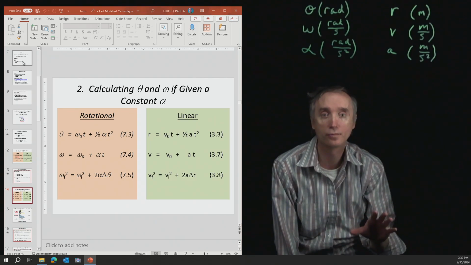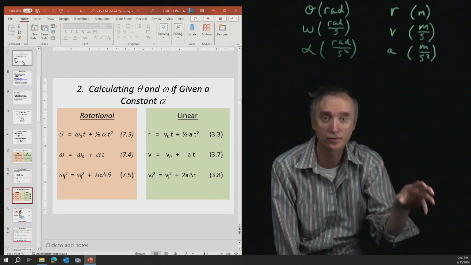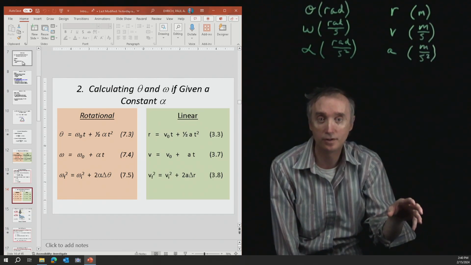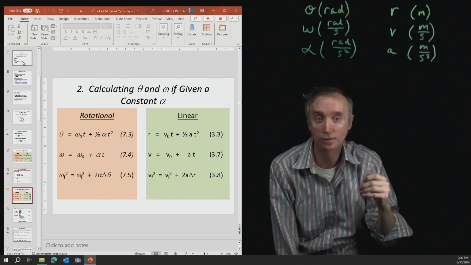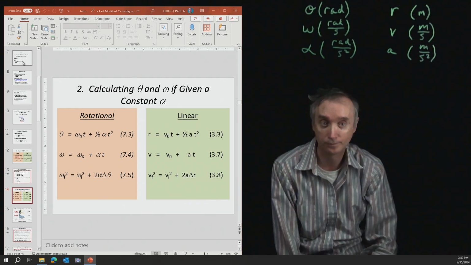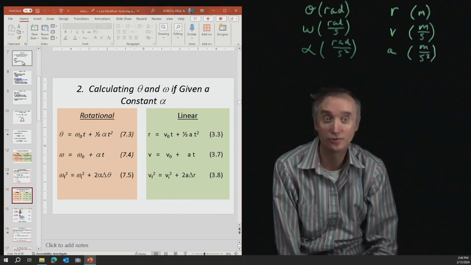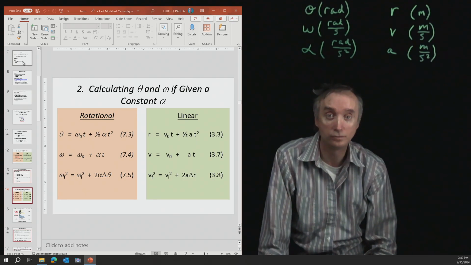I'm not going to bother to write it down again, but it says that how far something travels is going to be equal to its original speed multiplied by time plus 1/2 its acceleration times time squared. And we called that the how far equation because it tells you how far do you go.